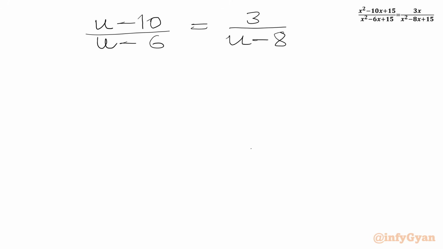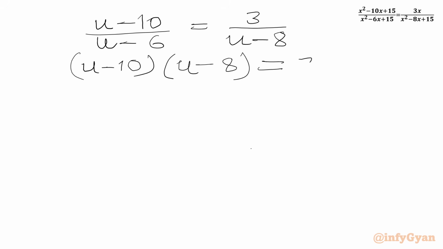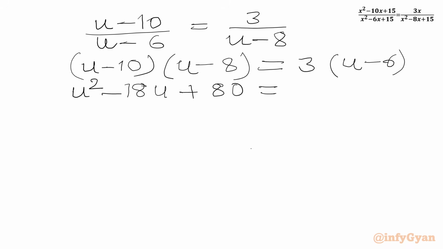We will cross multiply and we can write u minus 10 times u minus 8 equal to 3 times u minus 6, which will be equal to u square minus 8u minus 10u, minus 8 times minus 10 plus 80, equal to 3 times u is 3u, 3 times minus 6 is minus 18.